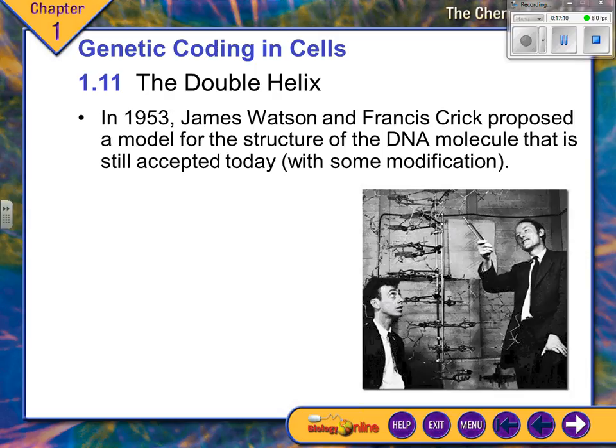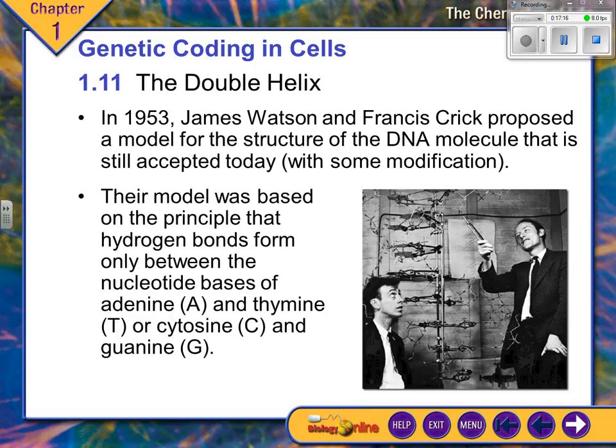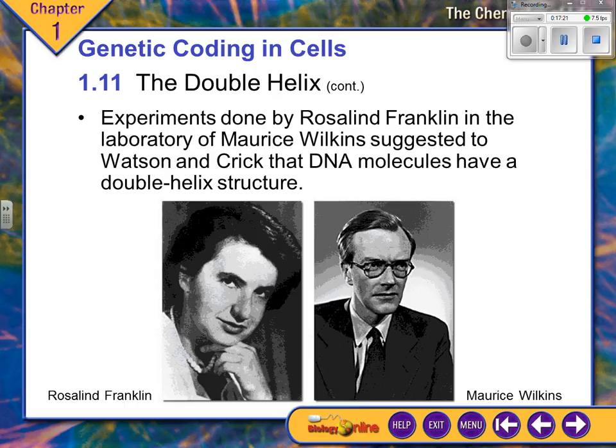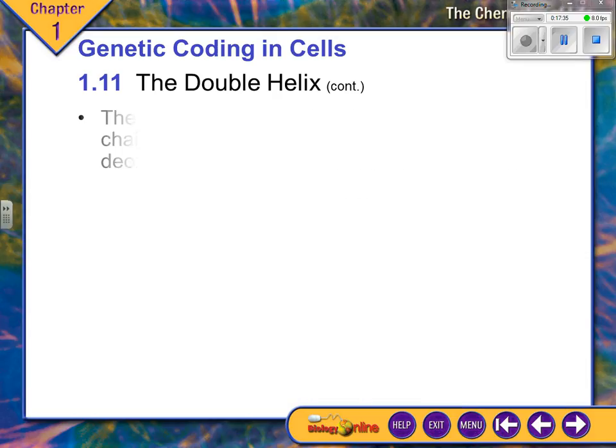Okay, so Watson and Crick get most of the credit for coming up with the structure of DNA. However, there's some controversy, and they definitely had some help from Rosalind Franklin. Wilkins was her assistant, and he was the one that shared a very important X-ray photograph she had taken that allowed Watson and Crick to realize it was a spiral.